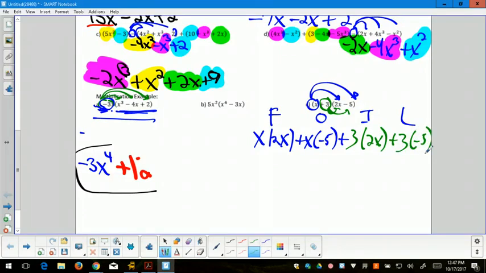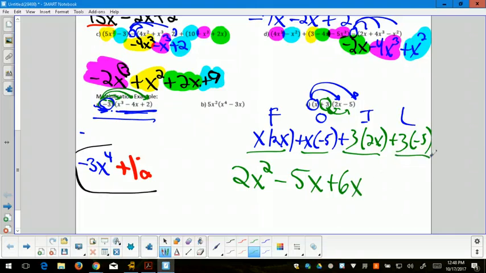So if you liked FOIL and it worked for you, go ahead and do it when you have 2 binomials. But all you're really doing is taking that first expression and distributing it to the other parentheses, and then taking that second term and distributing it to those. And so what I've got here is 2x squared. This is negative 5x. That multiplies to positive 6x. And this multiplies to negative 15. But wait, there's more. What do I need to do still?